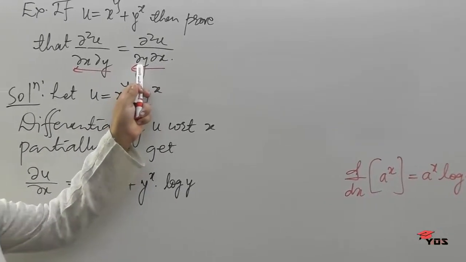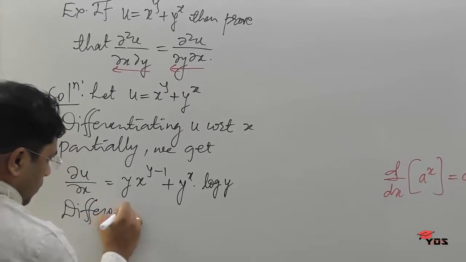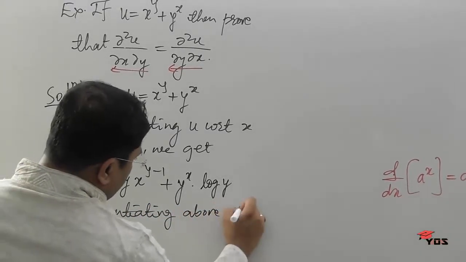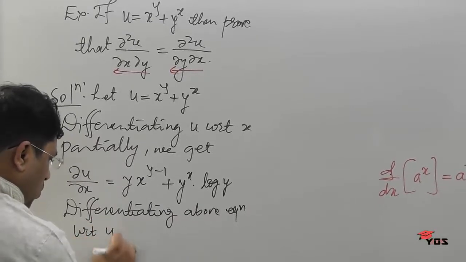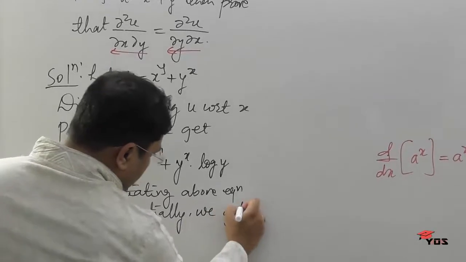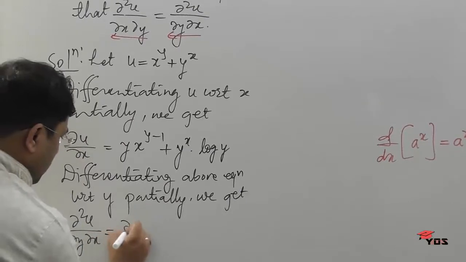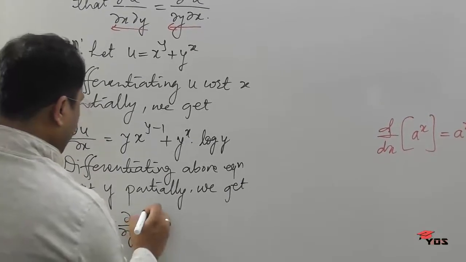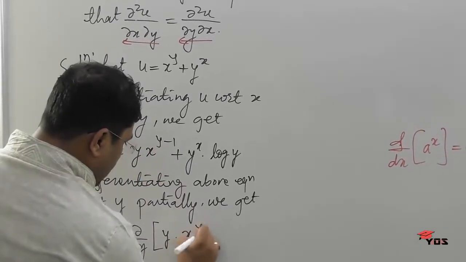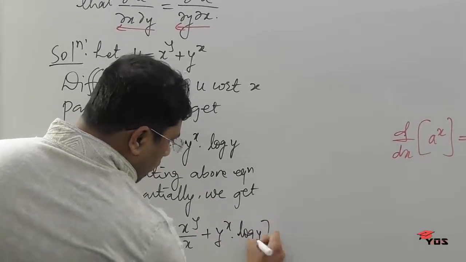Now we have to differentiate this with respect to y. So differentiating the above equation with respect to y partially, we get ∂²u/∂y∂x is equal to ∂/∂y of y, we can write this x raised to y minus 1 as x raised to y upon x, plus y raised to x into log of y.